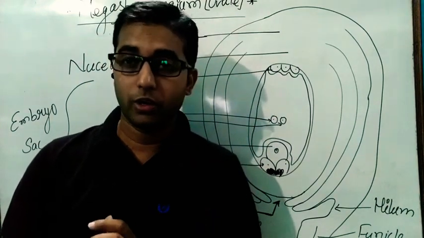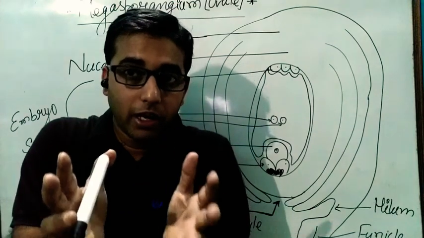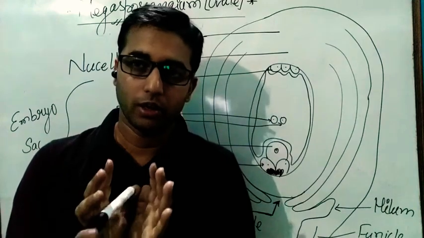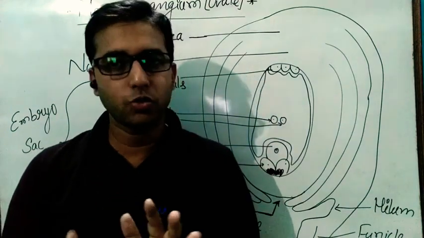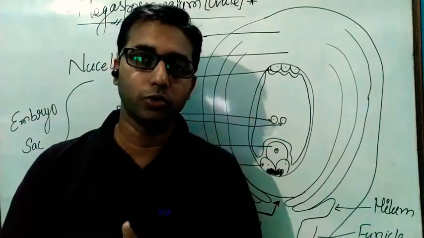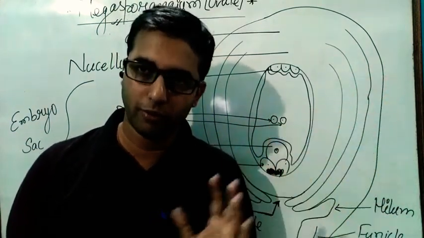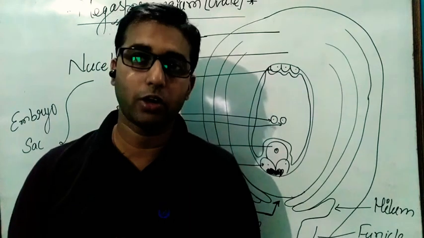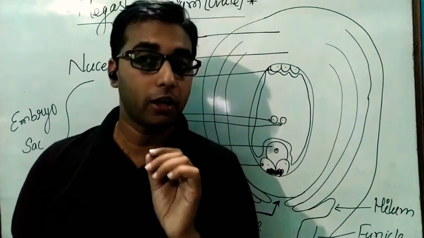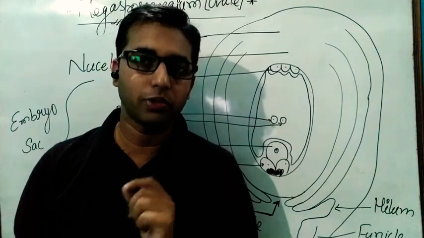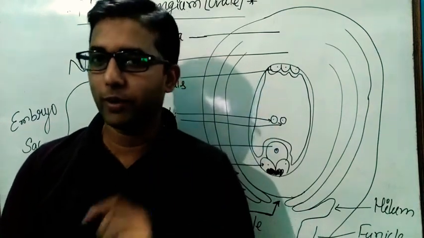Now we are talking about how a typical ovule looks. There are 6 different types of ovules present in different plant families, but here we are talking about the anatropous type of ovule, which is more frequent in flowering plants.